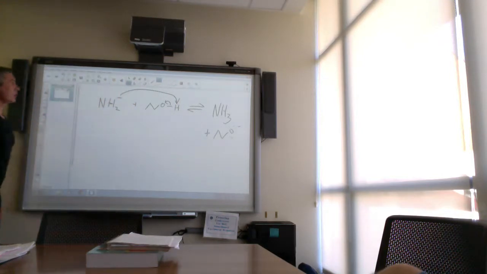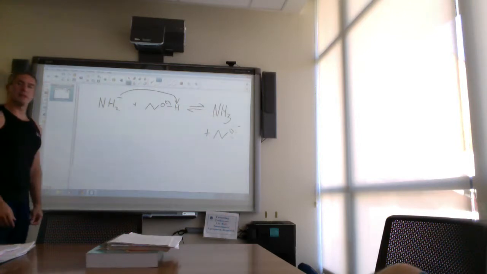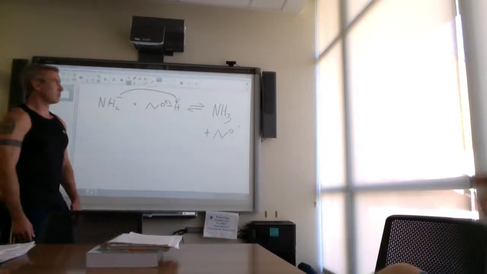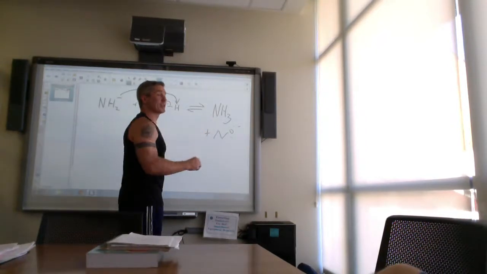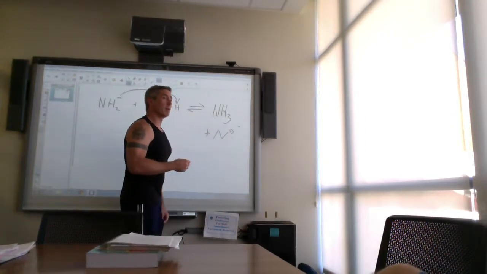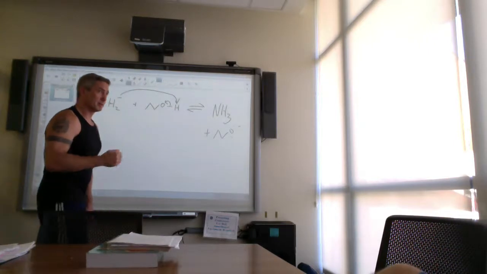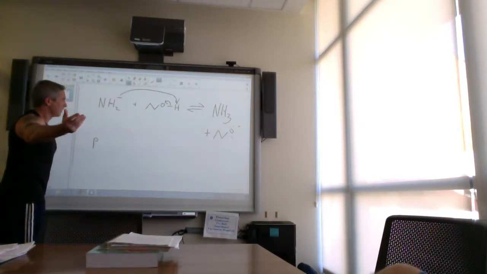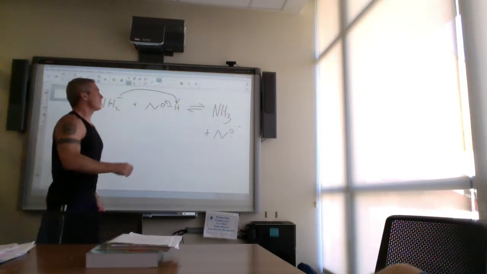So, in general, which one do you think has a smaller pKa? NH3? You think NH3 has a smaller pKa? Definition of pKa in a strong acid: the lower the number. What kind of pKa does HCl have?